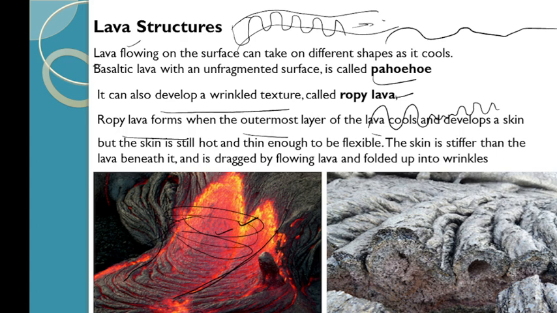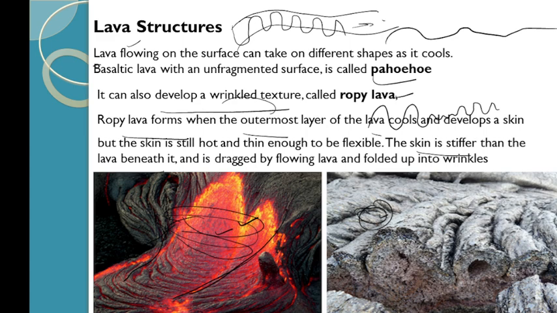Then the cooled skin is hot, thin and flexible, forming a ropy lava structure. The skin is thicker than the lava beneath. Think of when you are taking tea: the outermost layer in your teacup forms a similar structure, a flexible layer, like ropy lava.